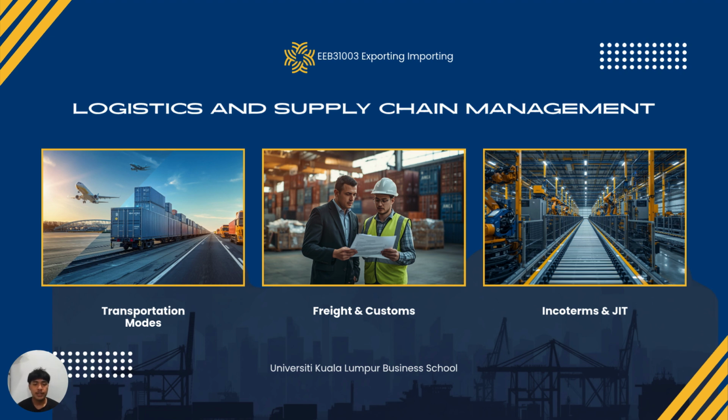Freight forwarders and customs brokers play essential roles in facilitating shipments and compliance. Furthermore, Incoterms define responsibilities and risk transfer between buyers and sellers. For example, Samsung balances ocean and air freight to support just-in-time manufacturing and to maintain its global competitiveness.